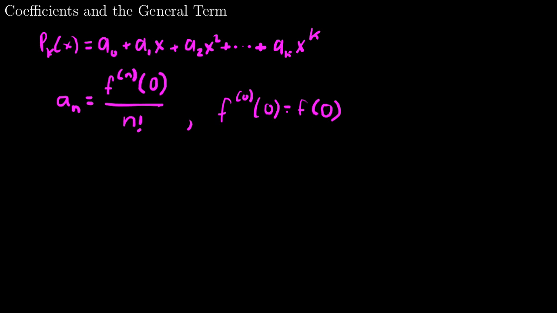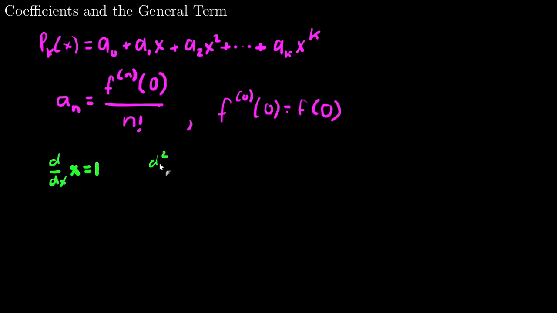Now, you might be asking yourself, okay, it makes sense that I'm going to do these derivatives because as I take the derivatives, I'm going to make that work out, but why do I divide by n factorial? And the idea is this. If I did not divide by n factorial, we know that the first derivative of x is just 1. Well, 1 factorial is 1, so that doesn't change things.